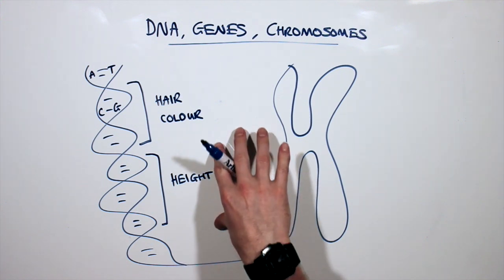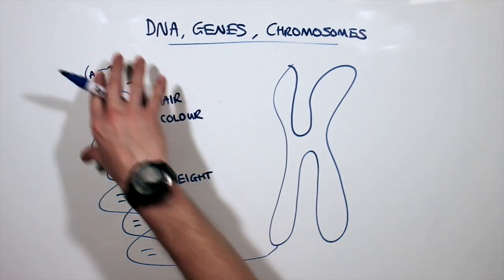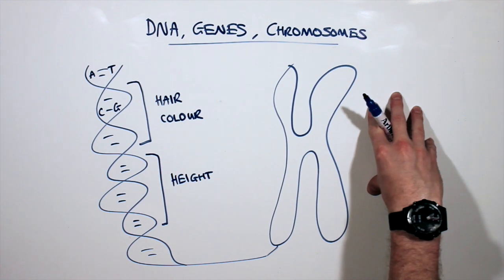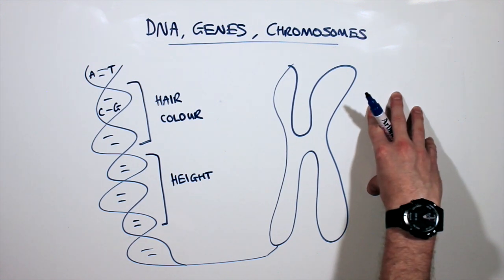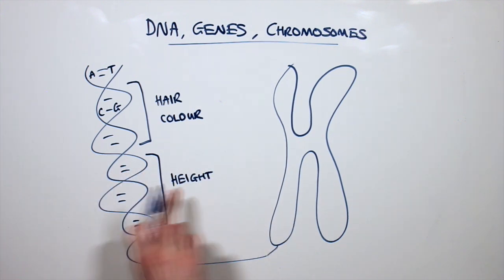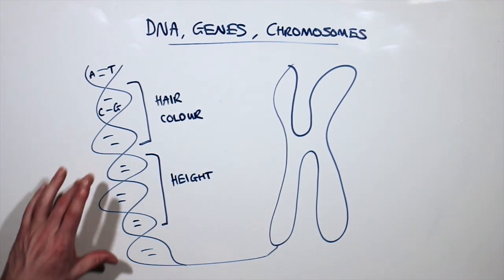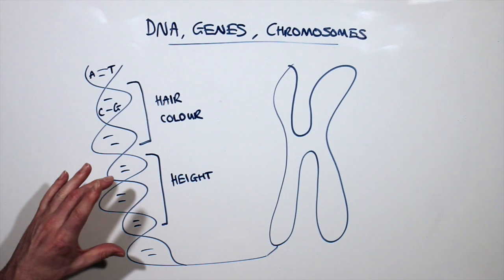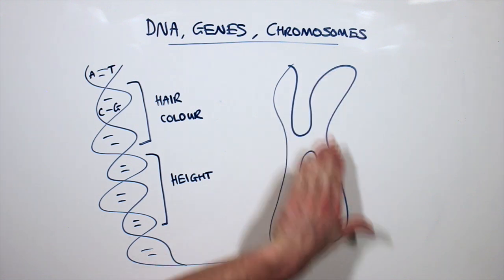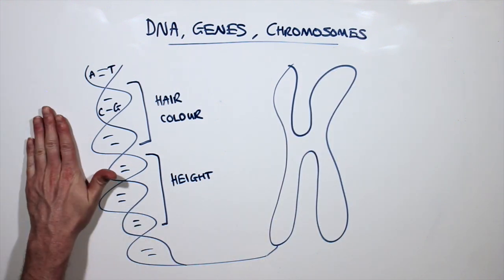Now, if you take that idea of genes on DNA over to a chromosome, you remember we talked about a chromosome as just being condensed DNA. So whereas before height, let's say, this trait that we can see on this double helix here is quite large, if we condense DNA down into a chromosome, there's actually going to be a lot more DNA inside this chromosome than what we've drawn here.